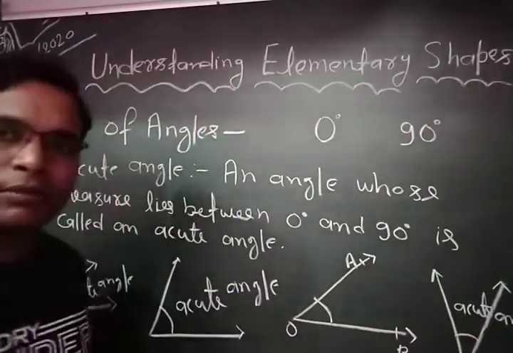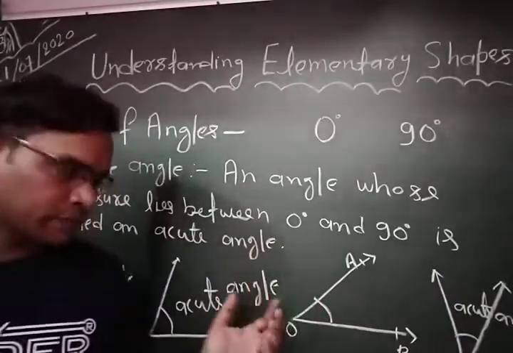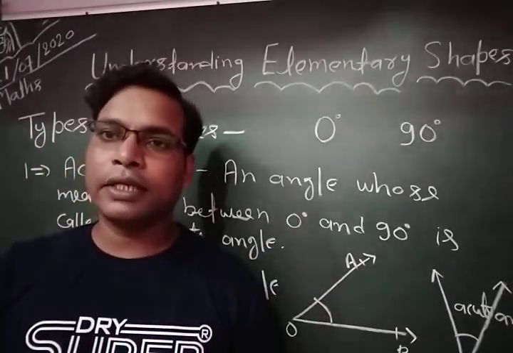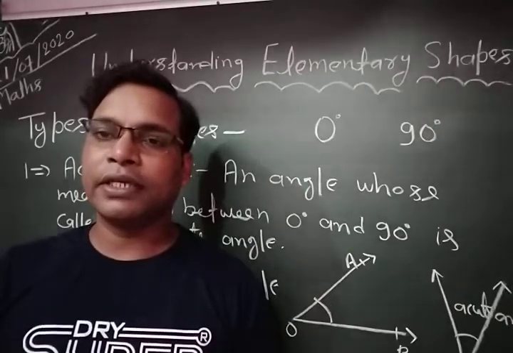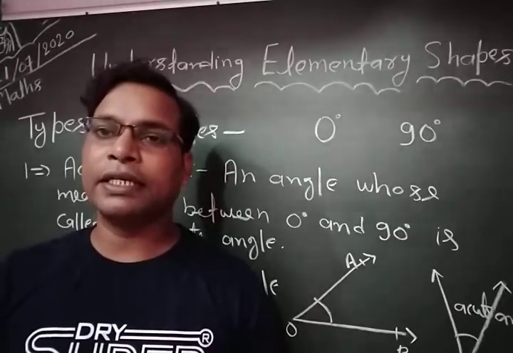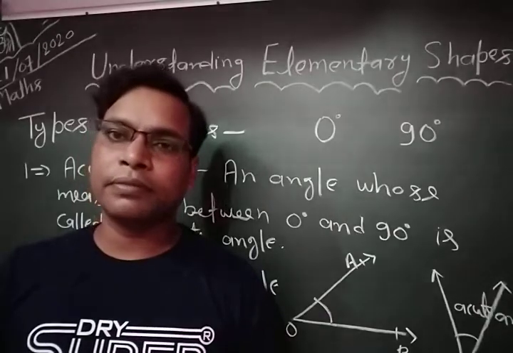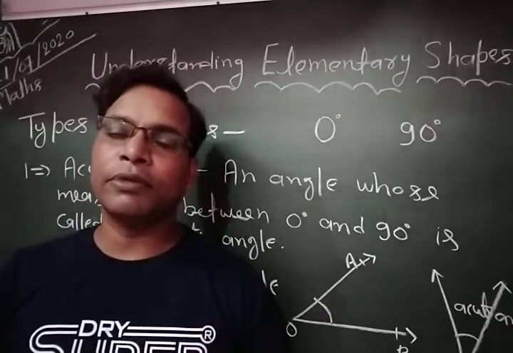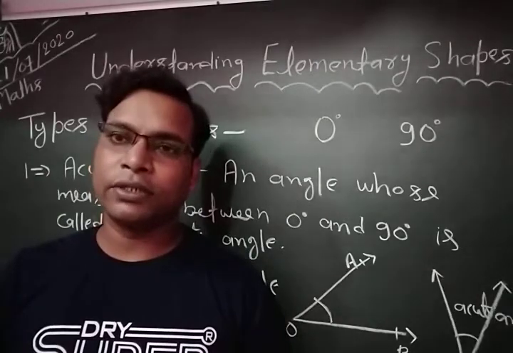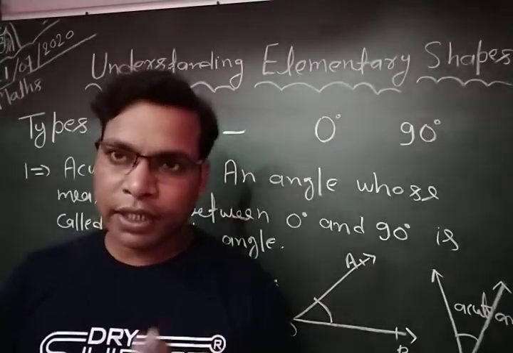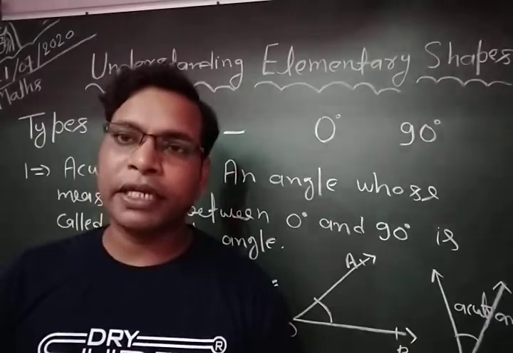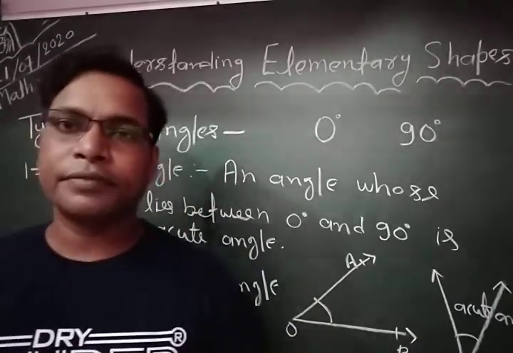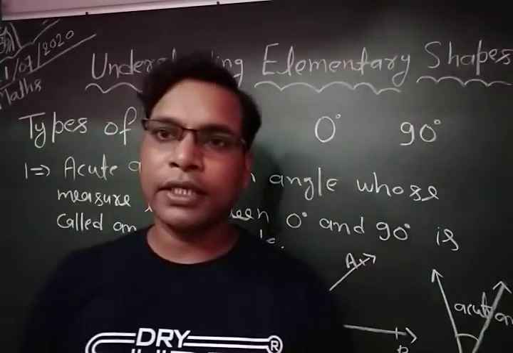So there are many types of acute angles. It means that its value can be 10 degrees, 20 degrees, 40 degrees, 35 degrees, 49 degrees, and the maximum value of an acute angle is 89 degrees because it lies between 0 and 90. So an acute angle is greater than 0 but less than 90 degrees.